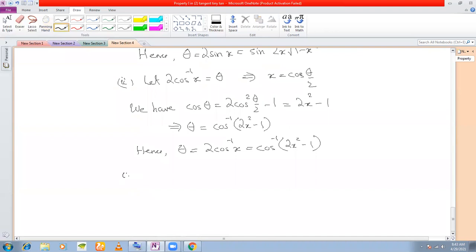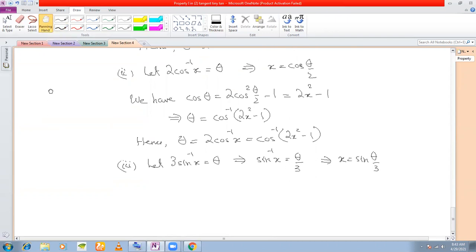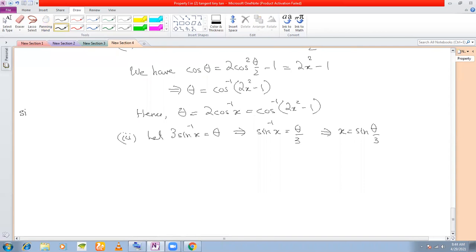So I start again by saying let 3 sine inverse x is equal to theta. That means sine inverse x is equal to theta by 3. That means x is equal to sine theta by 3. Now, if you remember your triple angle formula, sine 3 theta was 3 sine theta minus 4 sine cube theta, right?